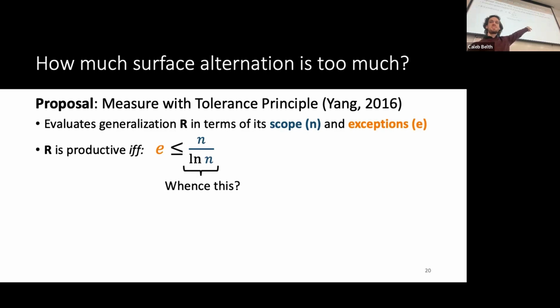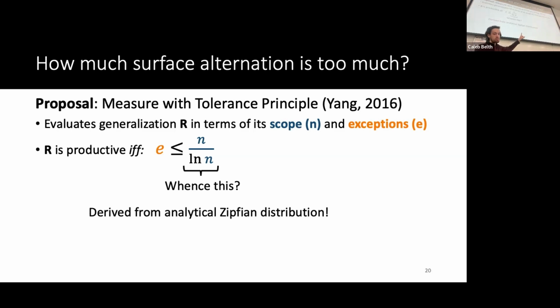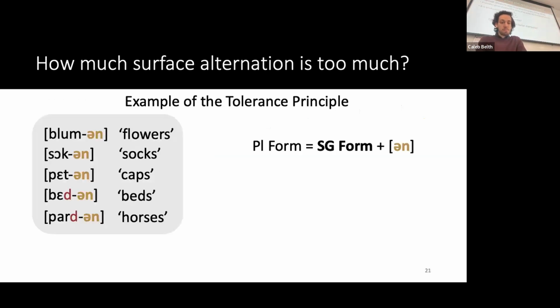So you might ask, where does this threshold come from? I'm not going to give the derivation here, but I will mention briefly that this is derived from the analytical Zipfian distribution. So it's grounded in the same empirical conditions of acquisition that I described earlier. And I'll give a little bit more justification for this in a moment.